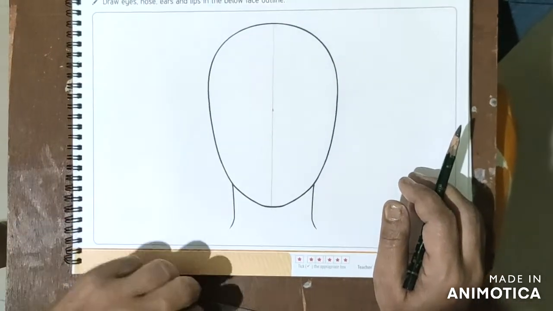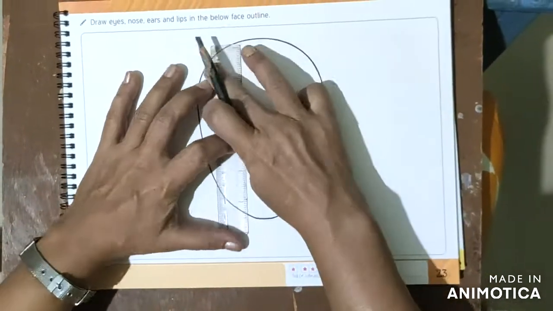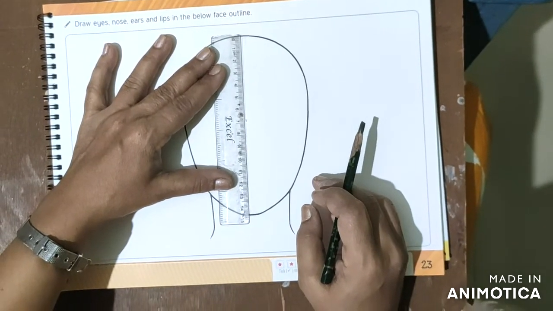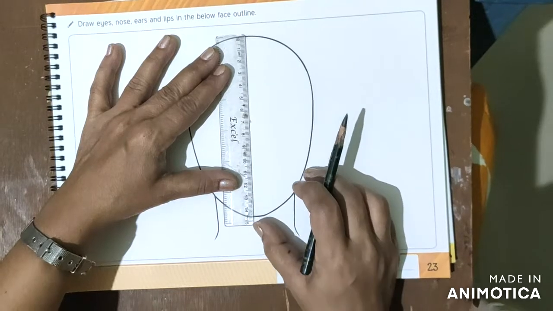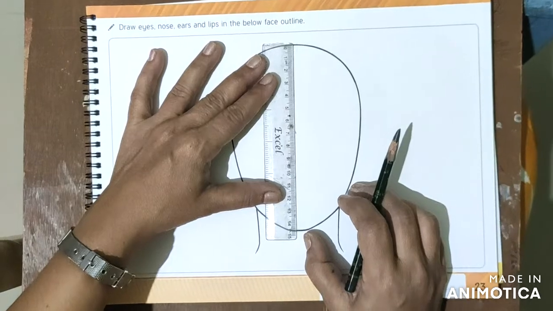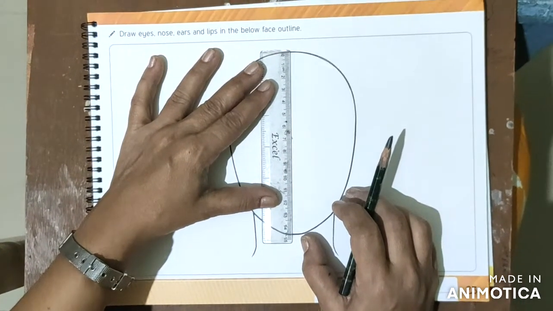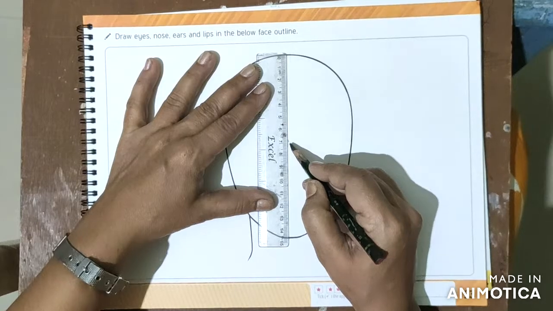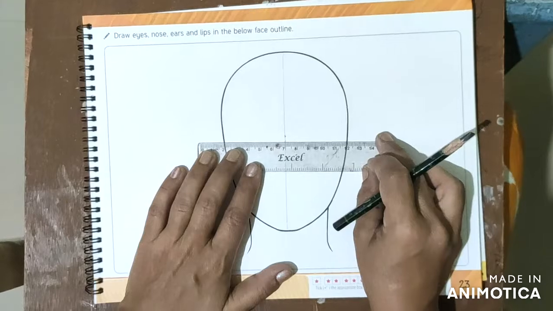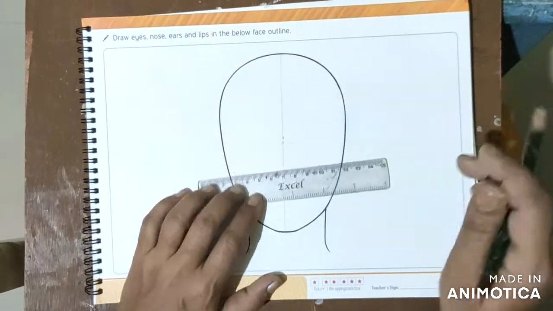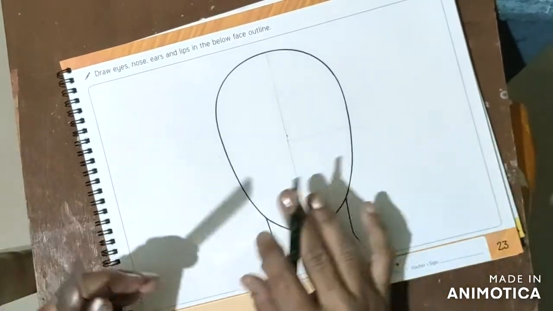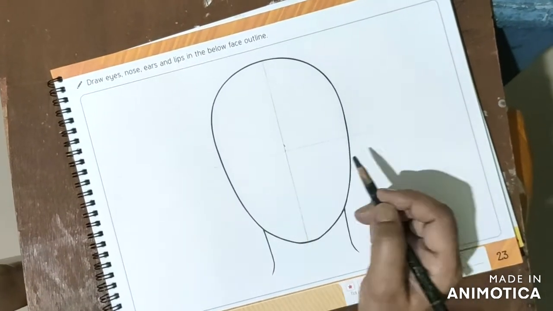Now, no mistake at all. Okay, this way. We count this line now. Fourteen and a half here. So 7 and 2, 3 lines here only. This much. Like this. Draw very light lines so that we can easily remove them.